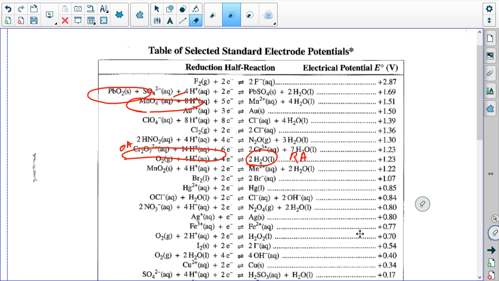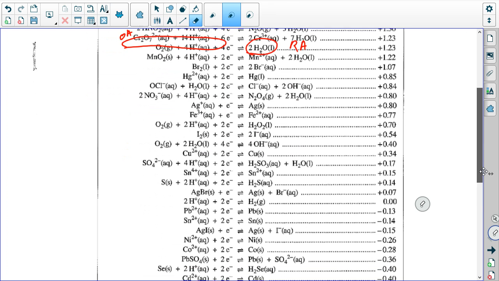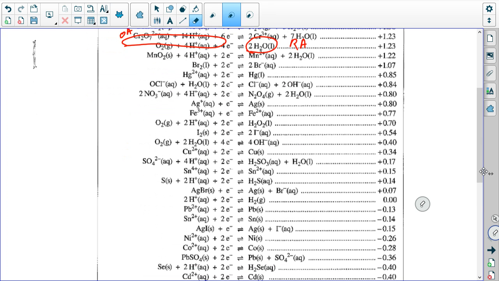Now, that may be what you want. But if I'm doing an experiment and I'm trying to figure out the concentration of, well, the one we do quite often, the iron 2 ion, I don't want that reaction to happen. I don't want the water and the dichromate to react immediately.